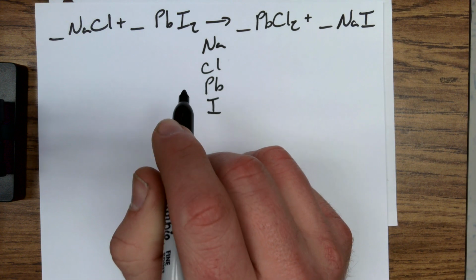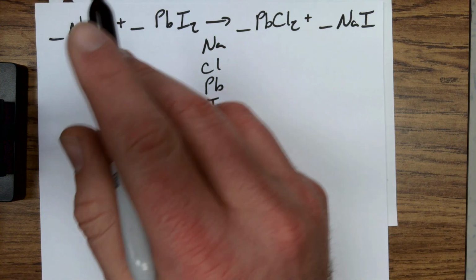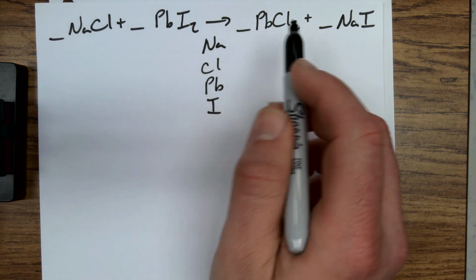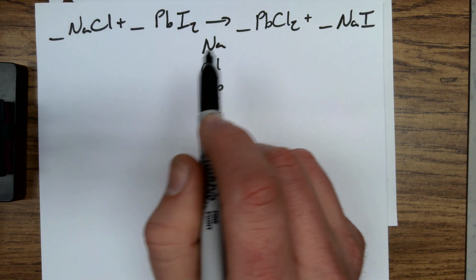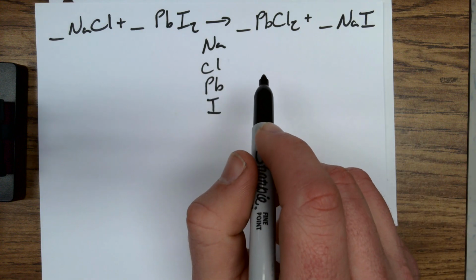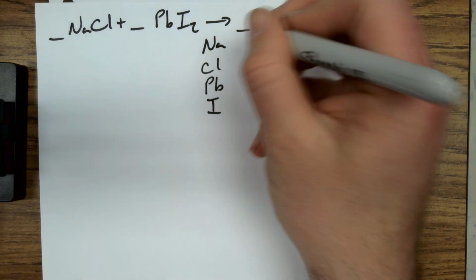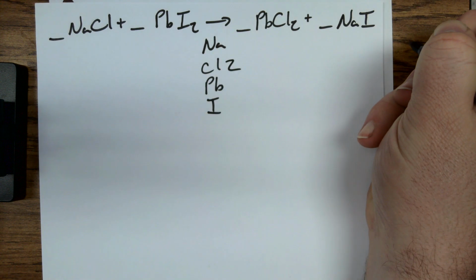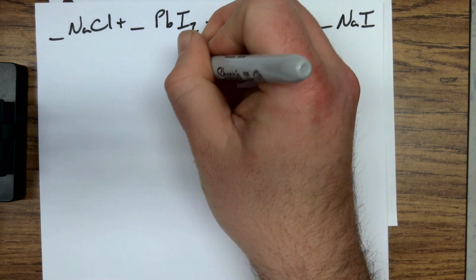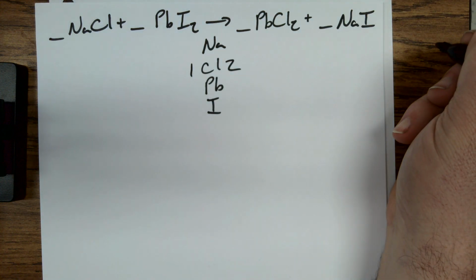Sodium matches either side. Chlorine doesn't. I have 1 over here, I have 2 over here. Lead does, iodine doesn't. We'll start with chlorine. Got 2 chlorines on my reactant side, on the product side, 1 on my reactant side. How do I fix this?